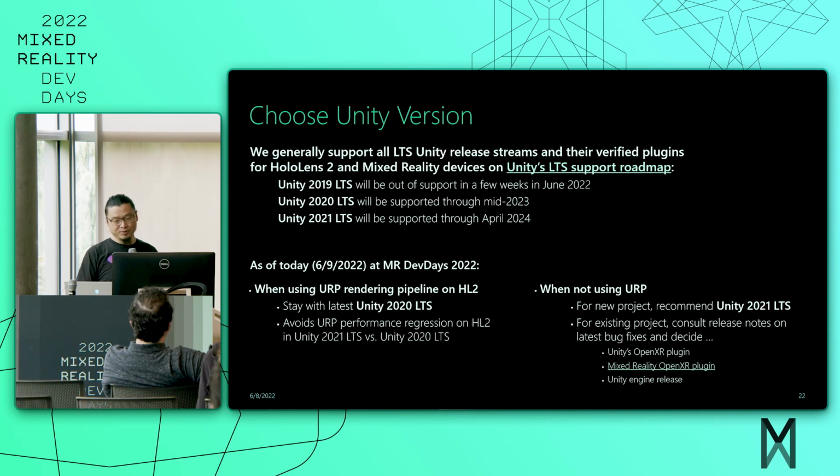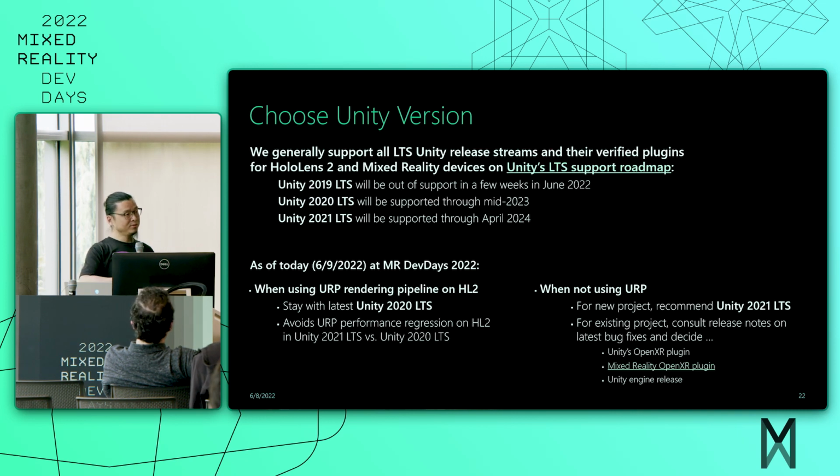If you are not using URP, then for any new project, we would recommend you use Unity 2021 LTS, which will get you closer to the latest technology delivered by Unity and us. But if you have an existing project that you are probably already using some other LTS stream of Unity, how do you choose your version? It really depends on you.